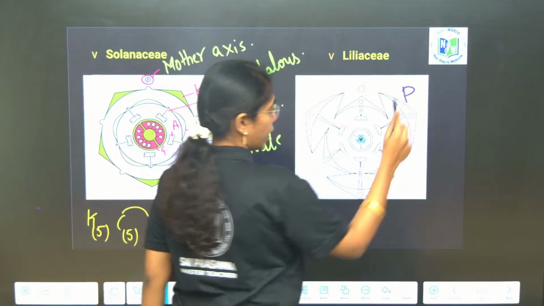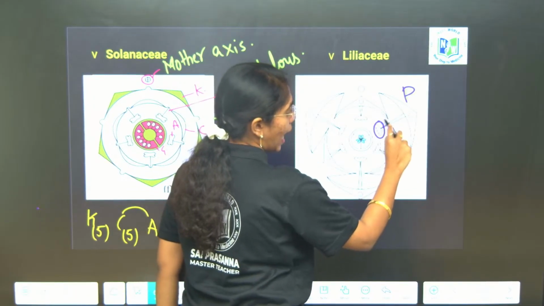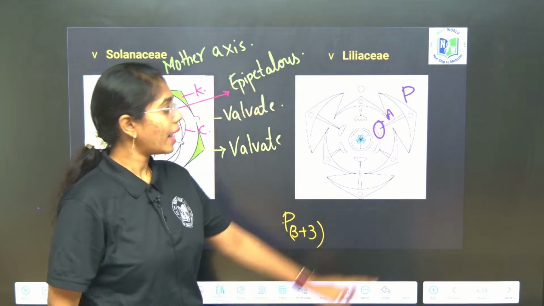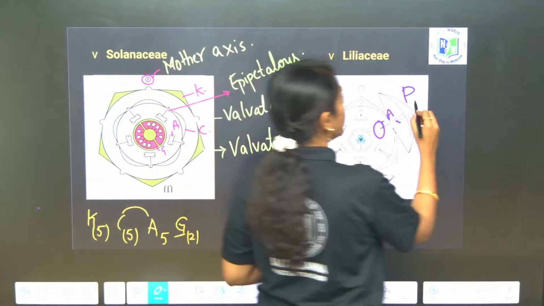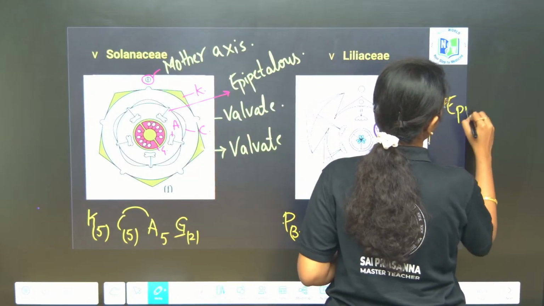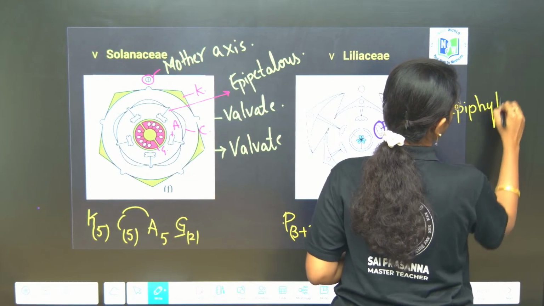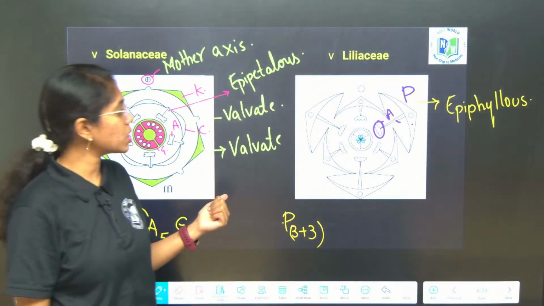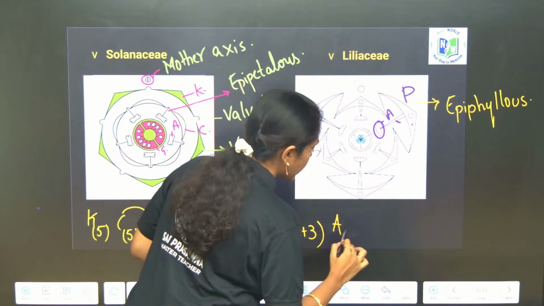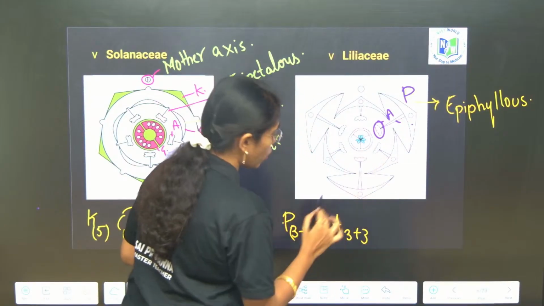Outer whorl is perianth. Next to that is what? Androecium. Here you see androecium is showing adhesion with perianth. This condition is said to be epiphyllous condition. Fine. This is what condition? Epiphyllous condition. So androecium is again 3 plus 3, but then they are not fused.